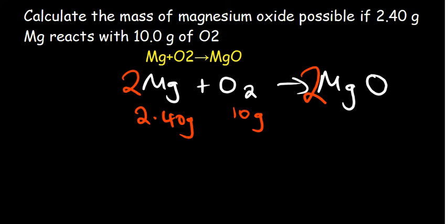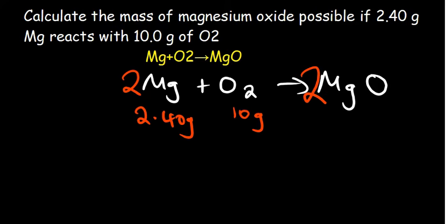Okay, if you look at this question, what exactly are you able to say? You are capable of finding the number of moles, right? It's possible for you to find the number of moles of both magnesium and oxygen. So now, do well to check your periodic table and see the molar mass of both magnesium and oxygen.